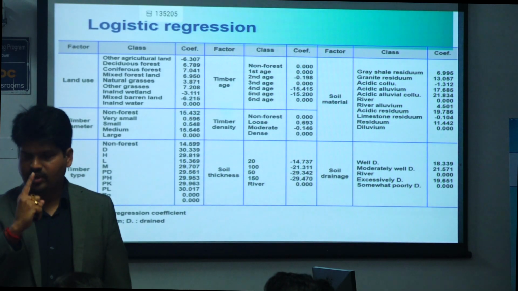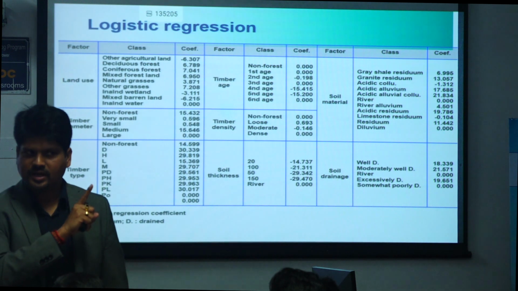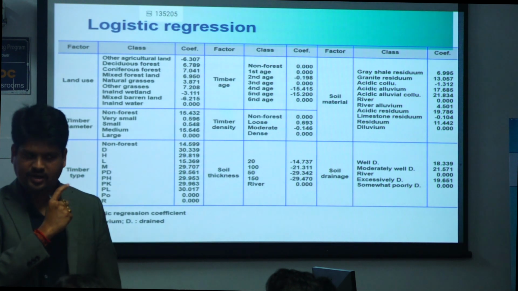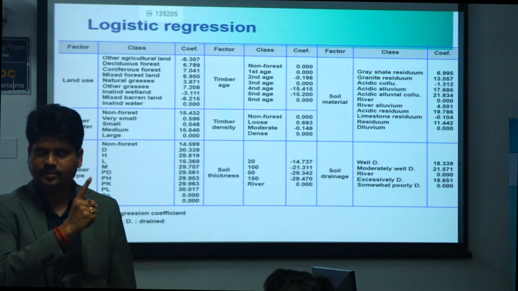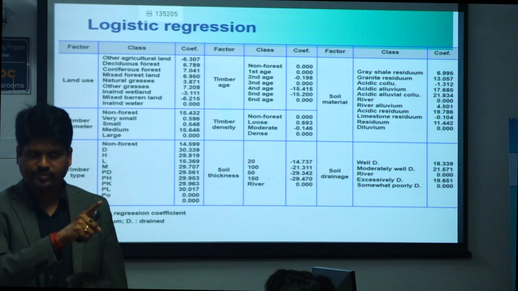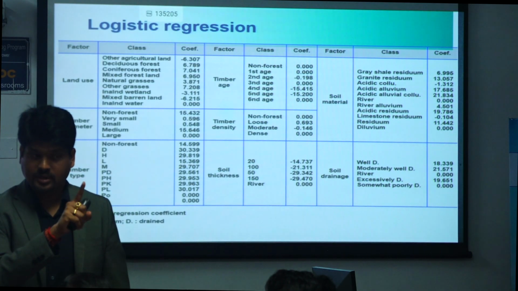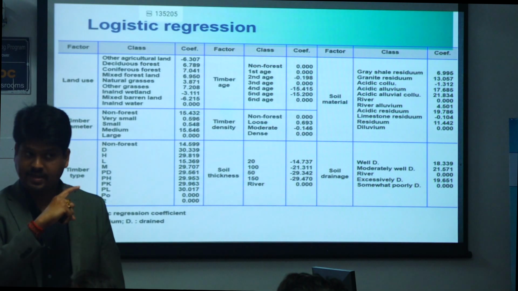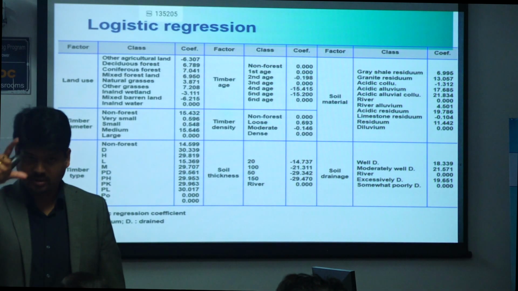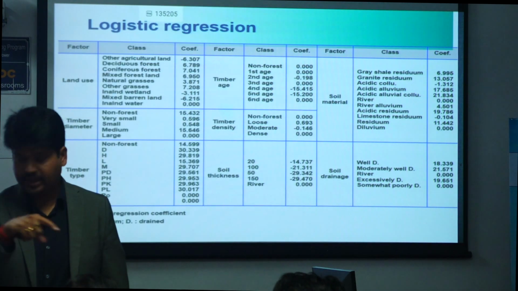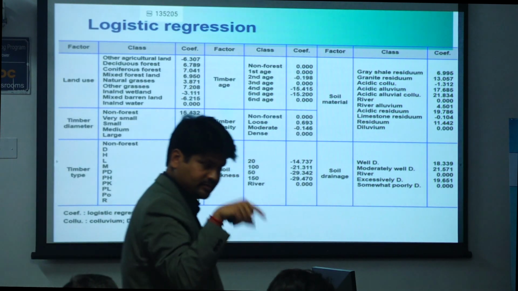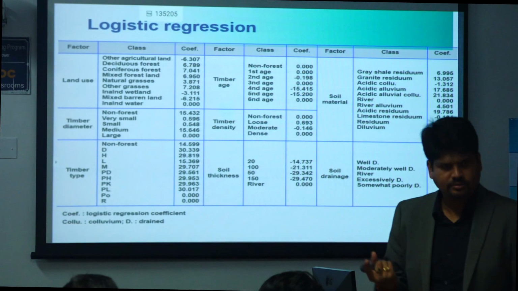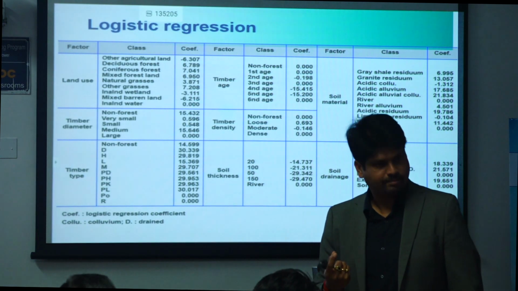When you merge the data, it will ask you what the dependent variable is and what the independent variables are. For the dependent variable, select your inventory, which has only 0 and 1. And remember, all should have the same pixel size, the same raster size, and the boundary of your study area has to be the same.